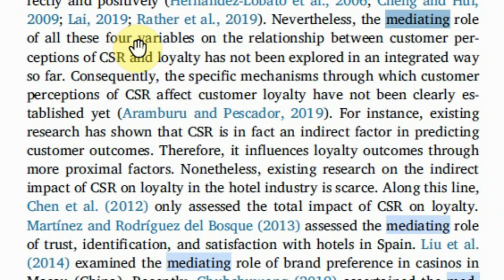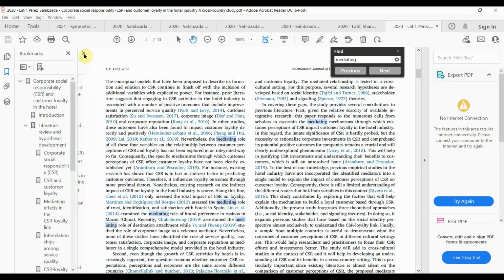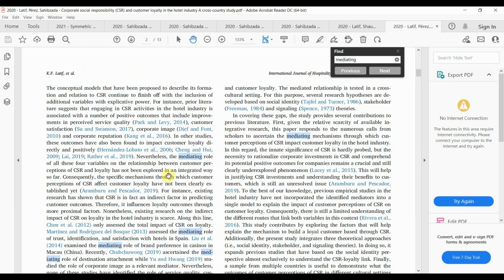Nevertheless, the role of all these four variables on the relationship between customer perceptions of CSR and loyalty has not been explored in an integrated way so far. So this research is based on mediation. The gap primarily revolves around mediation.